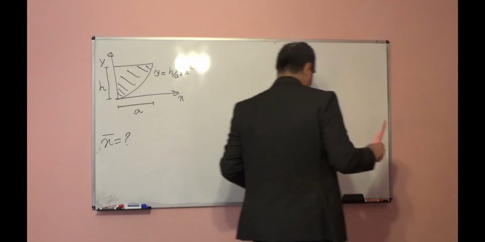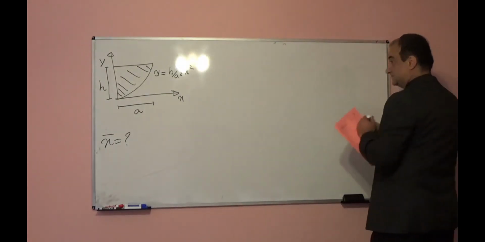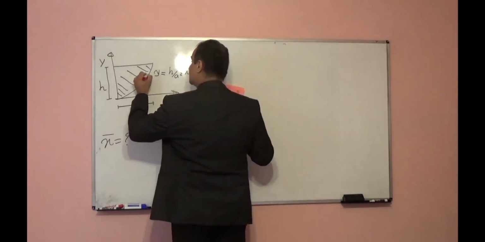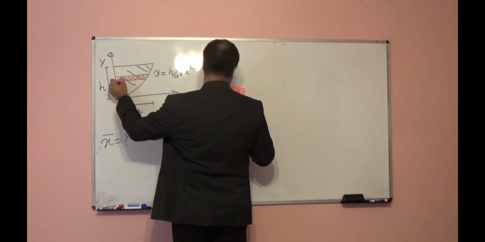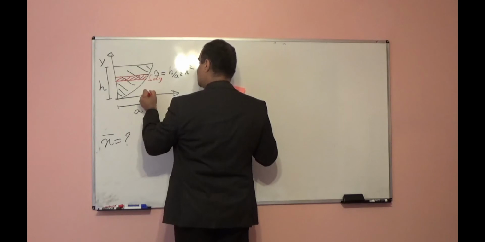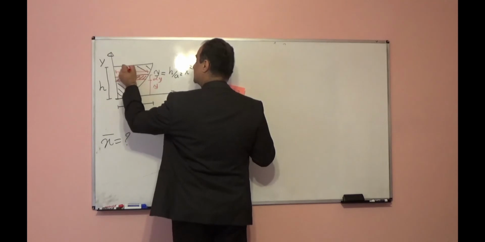Again, I will assume one small element, for example, in this direction. The thickness for this element is dy, and the distance from origin is y. The length for this element is x.